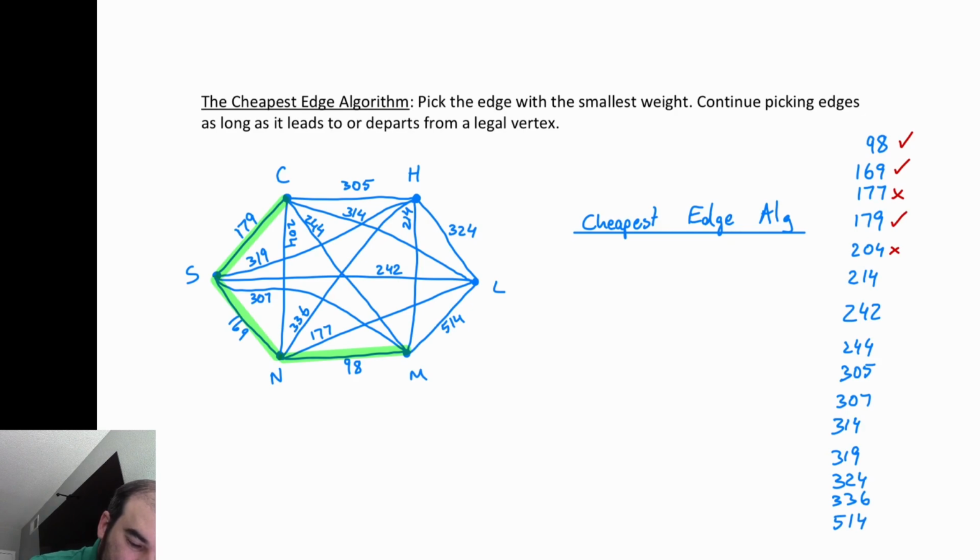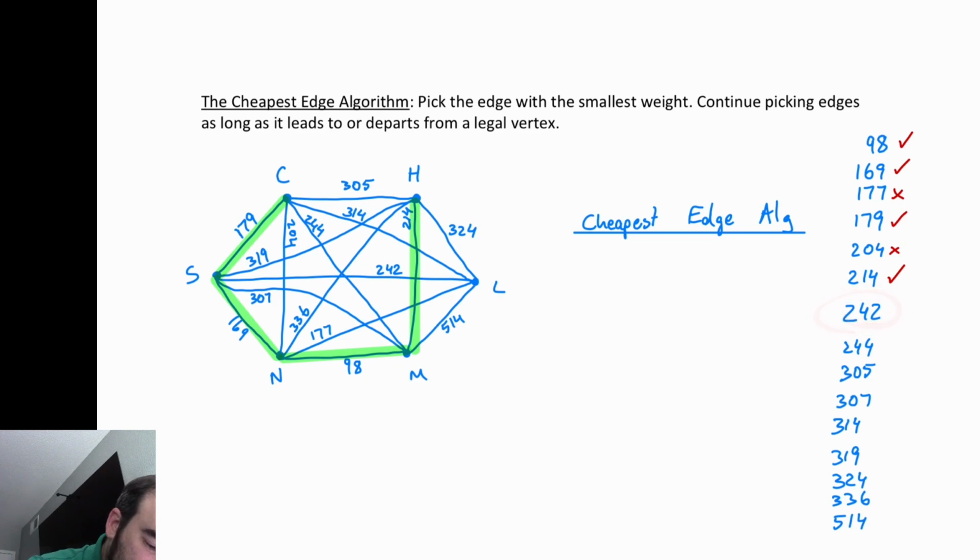Is the 214 available? Or is the 214 valid? The 214 is valid. That's this one here. Both of the vertices for the 214 were available, so 214 is good. But now notice that N is unavailable, S is unavailable, and M is also unavailable because all of those vertices have 2 edges that are connected to it that we've added to our circuit.